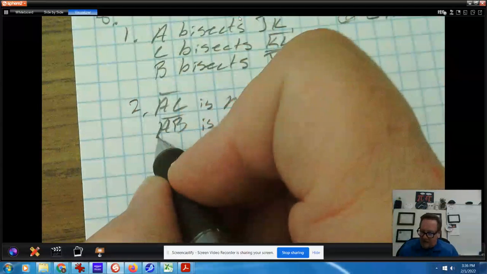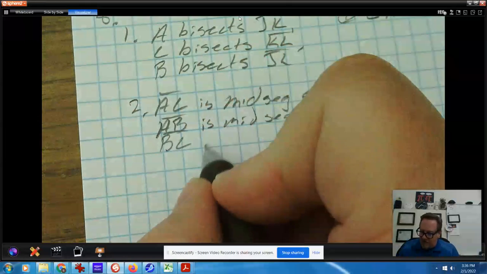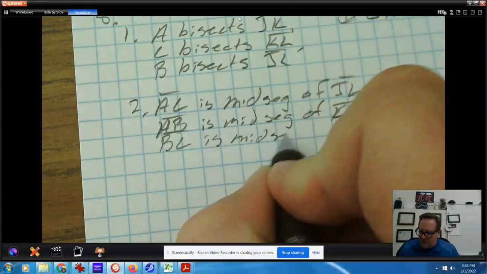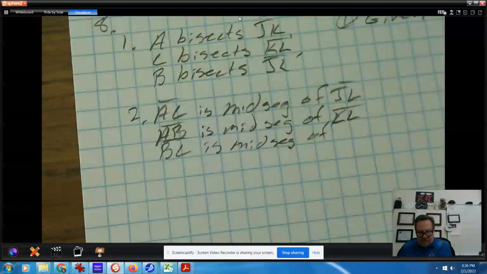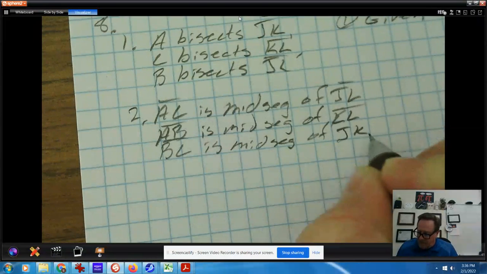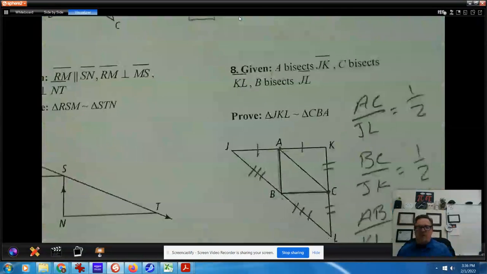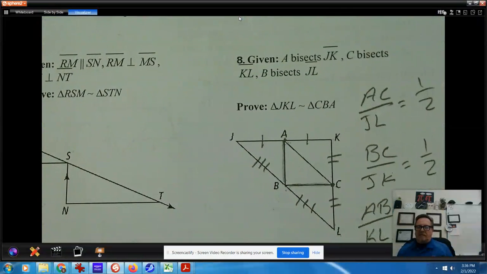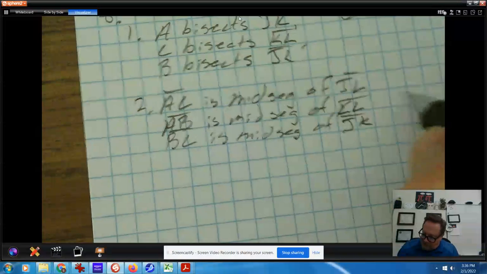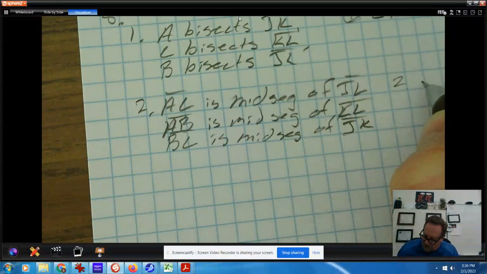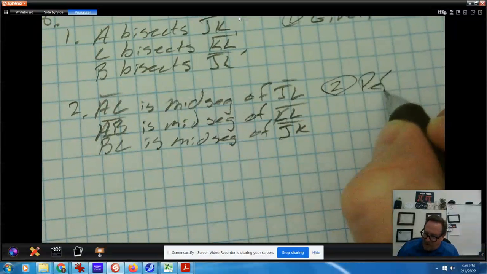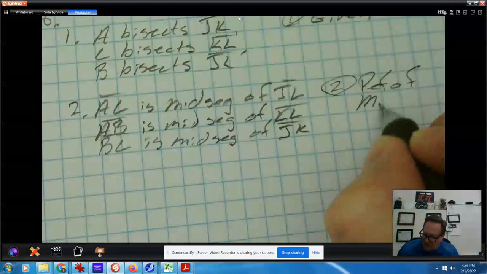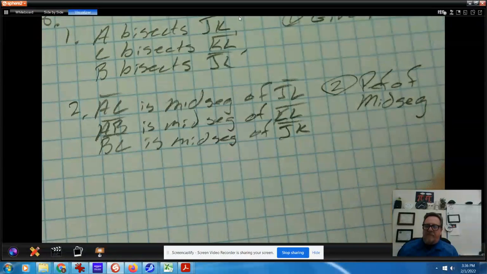And the last one, then BC, is mid segment of JK. Look at the picture. Okay? What that really means for us, and by the way, reason number 2, that's the definition of mid-segment, right?